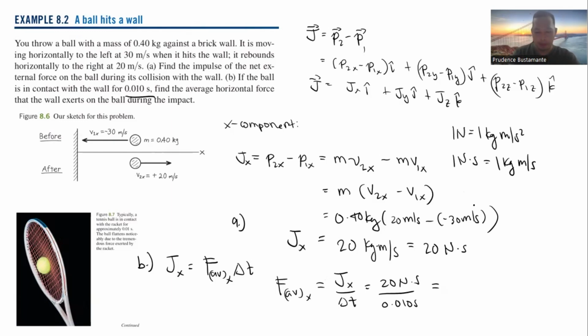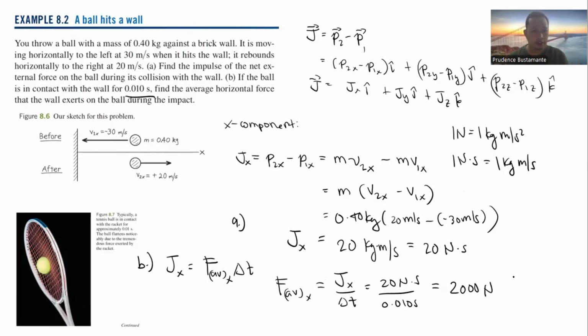Divided by 0.010, that is about 2000 newtons.